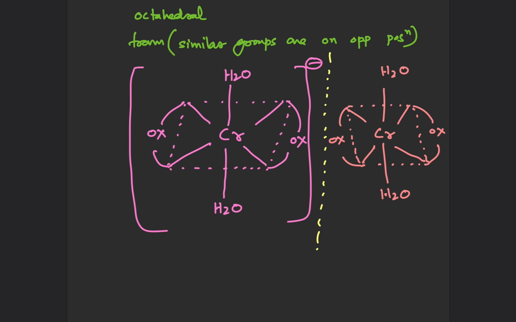Obviously it will also have a charge of -1. So clearly trans [Cr(H2O)2(ox)2]- is achiral or optically inactive.